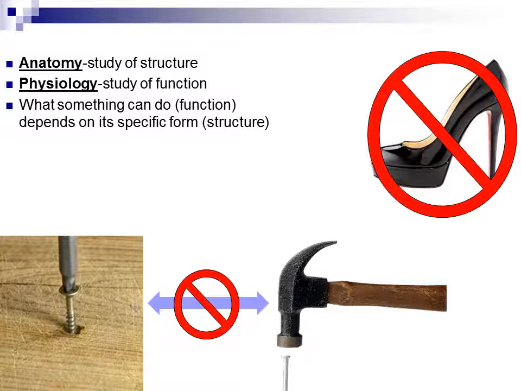Similarly, structures in the body have certain features because these structures will best be able to carry out the necessary functions. Throughout this semester, you should constantly be asking yourself, what is unique and important about this structure? How does its structure relate to its function? What does its structure tell you about its function?